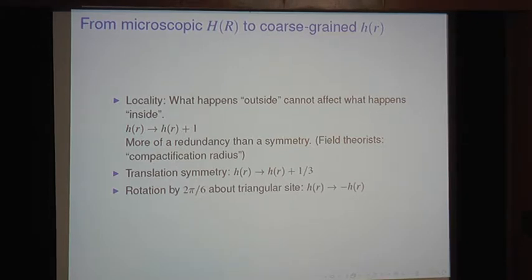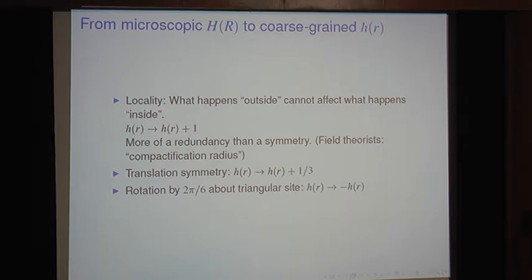And before I address that, in the end we are going to write down some effective free energy functional for these coarse grained heights, that describes what weight I will assign to each coarse grained height configuration. And before I tell you what that function is, I want to constrain that function by thinking in terms of symmetries. So I want to ask, if I use symmetries, what do I know about what that functional should be, that action and functional in terms of which I want to write everything, right?